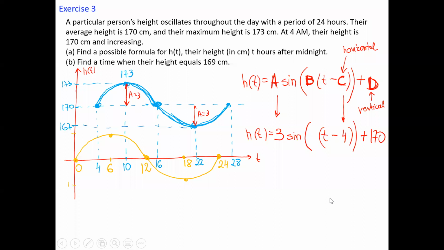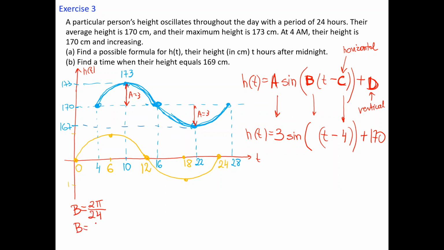We're missing the quantity B. We can calculate it because we take the regular period of the sine function, 2 pi. Everything repeats every 2 pi, but we divide that 2 pi by 24.